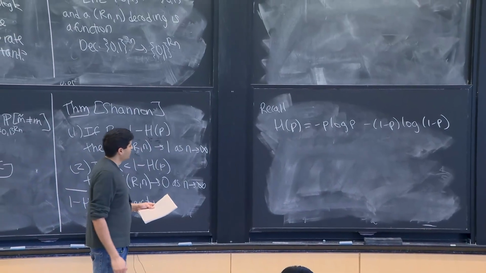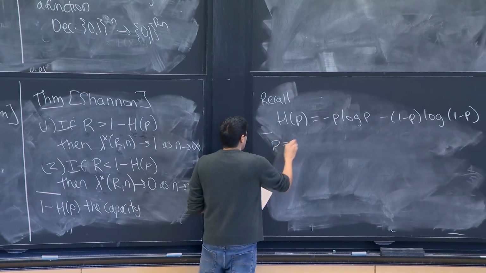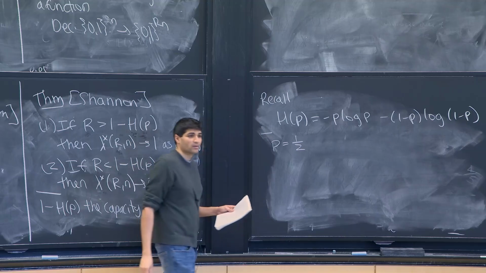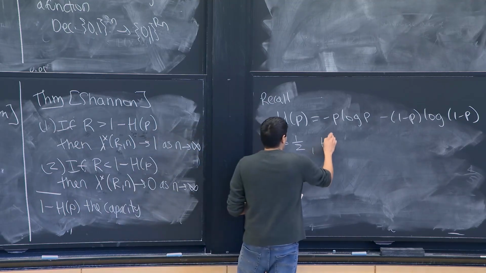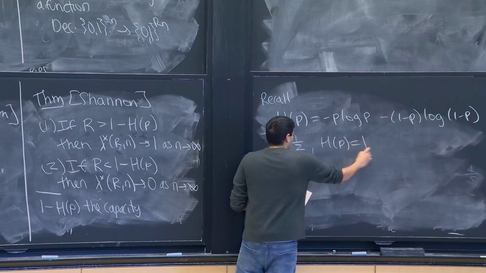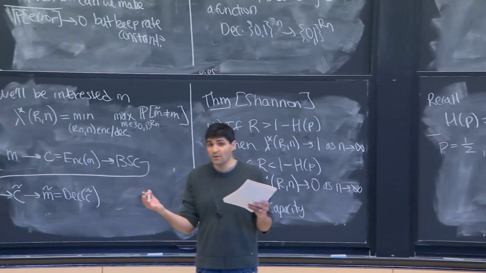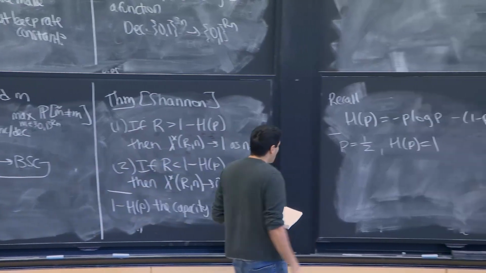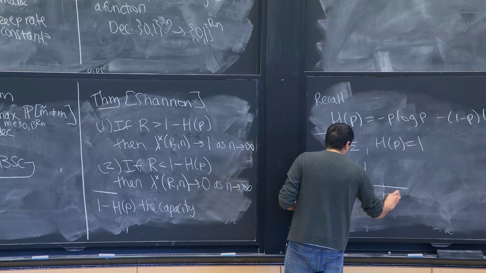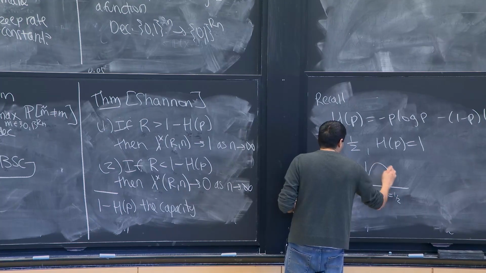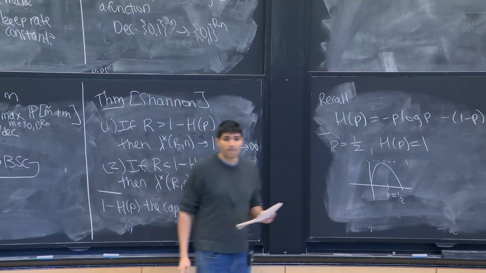So in particular, what this function looks like is, if you choose p as a half, what's going to happen is that your entropy of p is 1. So what you can show is that this binary entropy function is a nice concave function, and its maximum value corresponds to p as a half, at which point it equals the value 1.